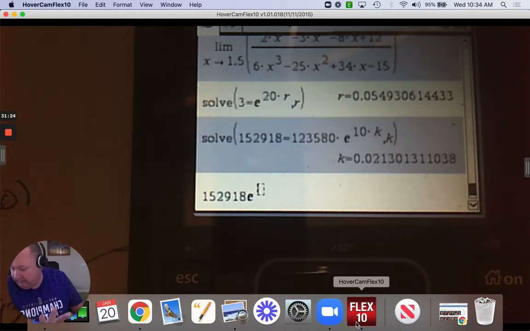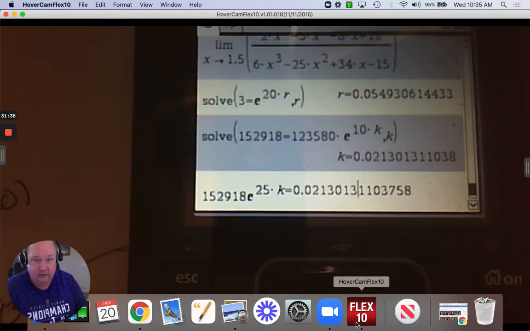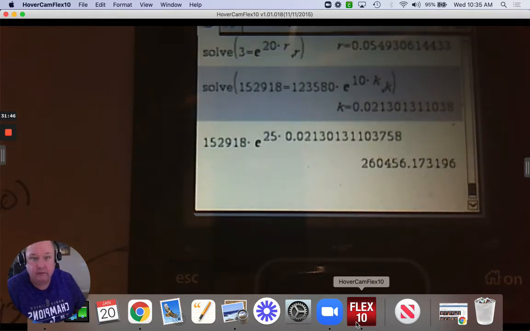No, 25 years from 2000. So now, and I'm going to write it down here, it's going to be 25 years later times the rate. So Control V. And then just go back and erase the equals k part. There we go. And you have your answer.